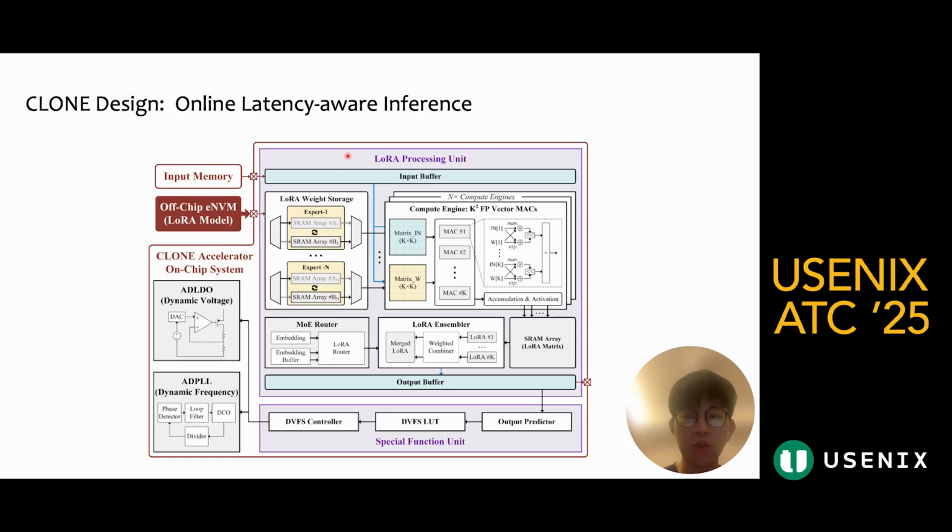To effectively translate the software optimization into real-world performance improvements, Clone introduces a scalable hardware accelerator, including a LoRA processing unit, LPU, for the dynamic adapter head swapping to enable adaptive model optimization, and a spatial function unit that includes the device controller, so as to perform fine-grained device adjustments at the decoding token level.